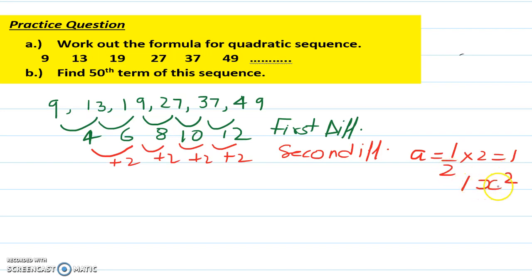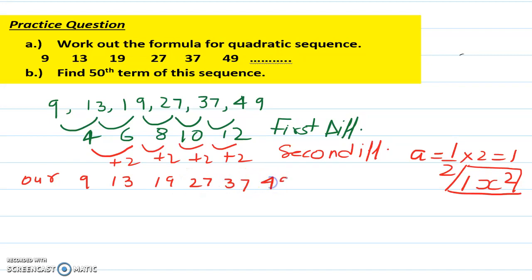You know why I'm putting x square? Because A is the coefficient of x square. So Ax square. So let's put it in a rectangular box so that you know that we have got one part. Now for the B part, again you need to write down our equation: 9, 13, 19, 27, 37, and 49.